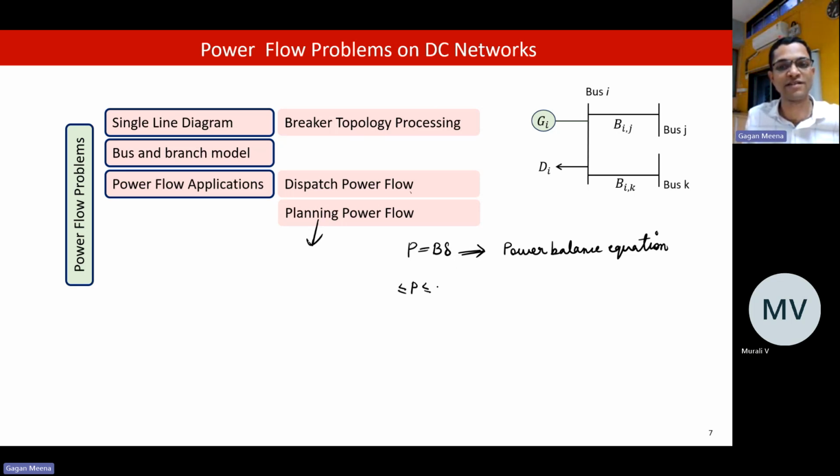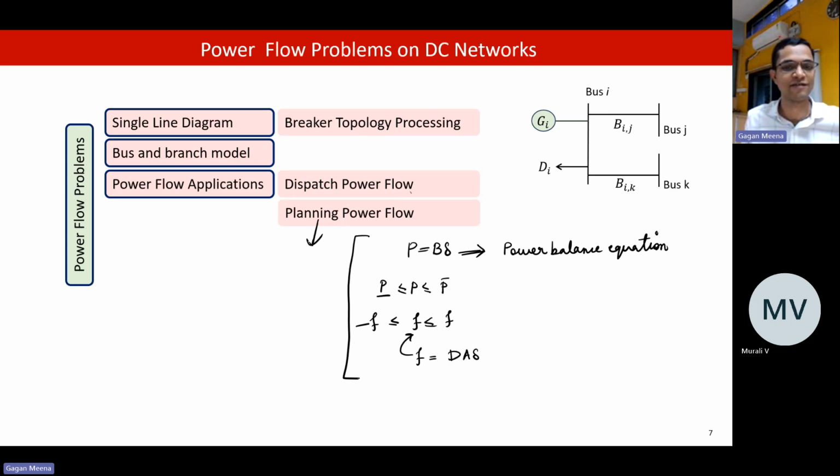We know that P should be between minimum and maximum. Then we have a limit on flow also. Flow should be between maximum and minimum, so it is minus F and plus F. Flow is also equal to B times delta, and this is in between these two limits.